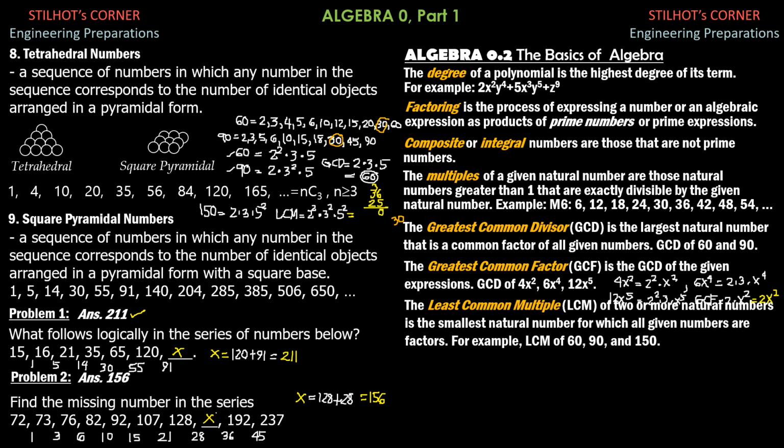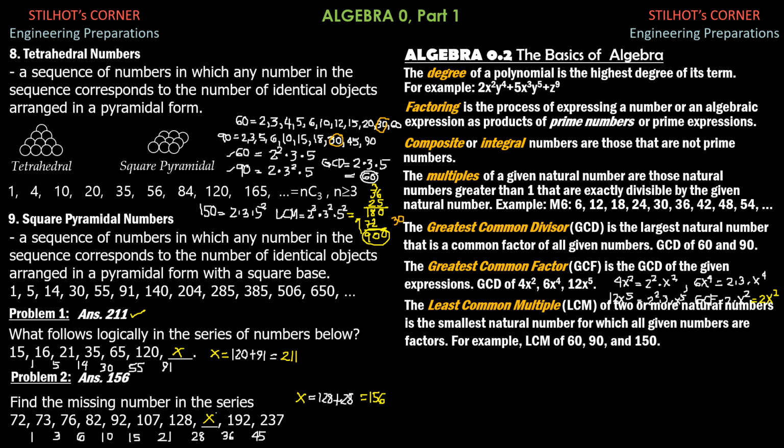Let me compute it: 30 carry 3, 15, 18 carry 1, and so on. So it's really 900. So the LCM for this case is 900.